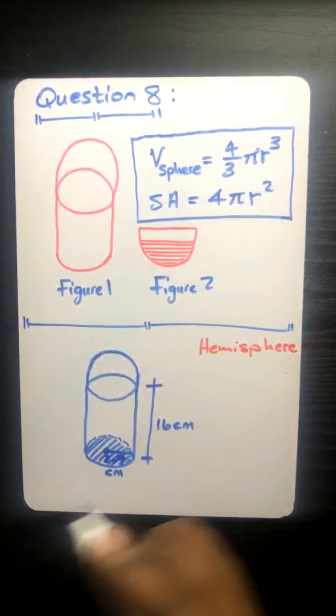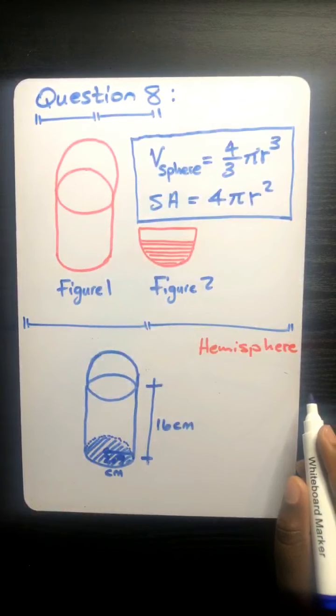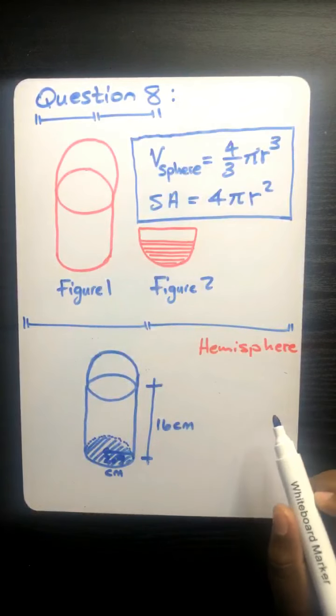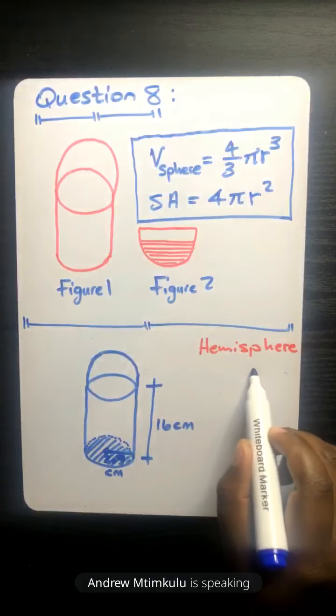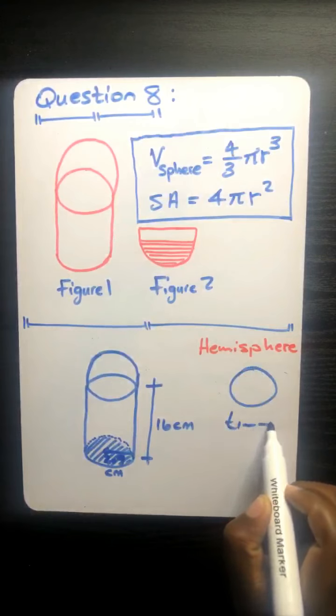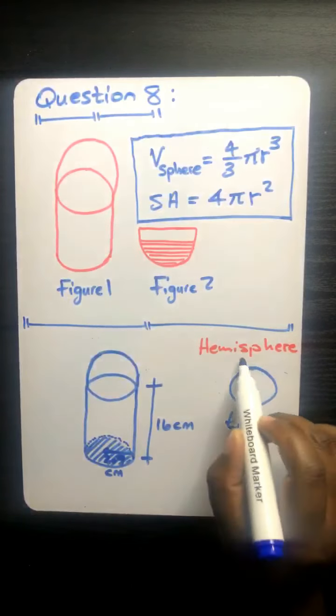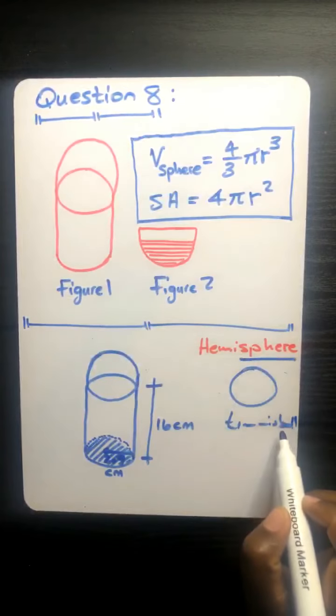Was it you, Andrew? It was me, sir. Yes, a sphere is the shape of a tennis ball.